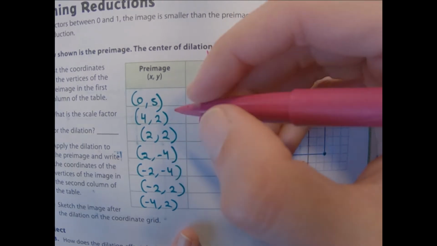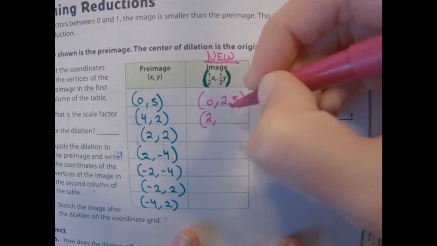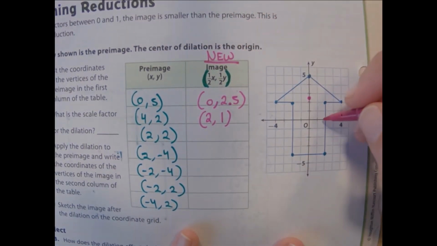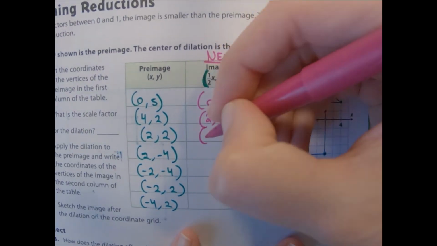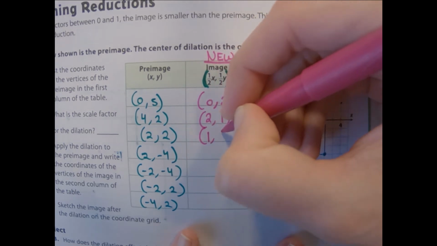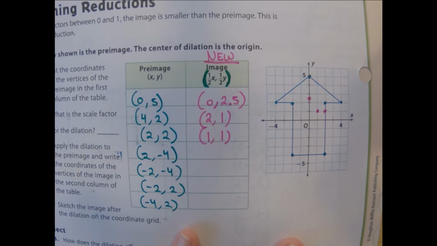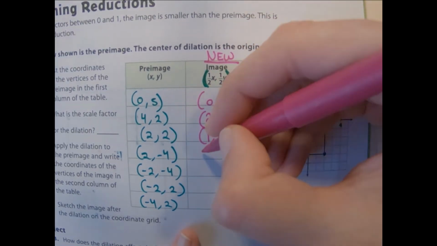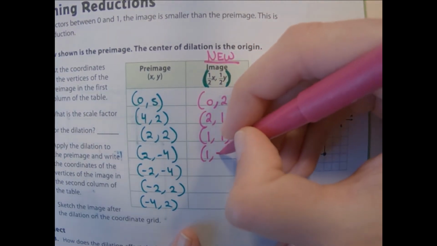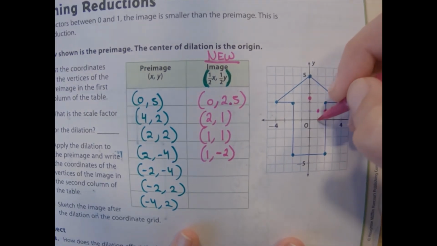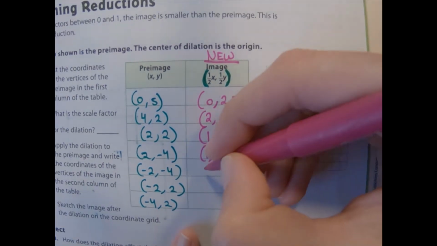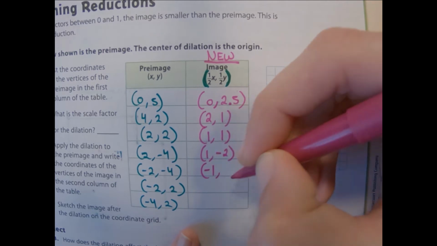Moving on, everything times half. 4 times half is 2, 2 times half is 1. And I'll plot 2, 1. 2 times half is 1, 2 times half is 1. So I will plot 1, 1. 2 times half is 1, negative 4 times half is negative 2. So I will plot 1, negative 2. Negative 2 times half is negative 1.